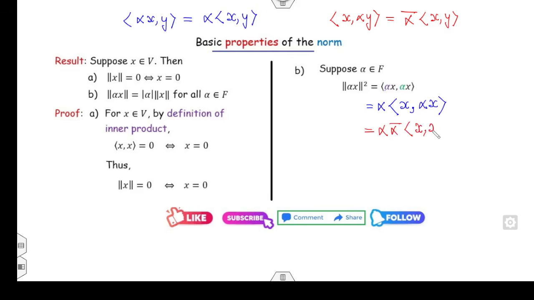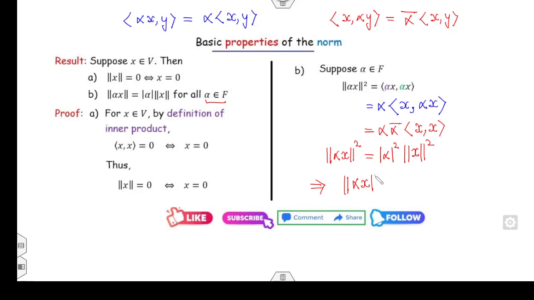That is my x comma x. Because alpha is in F, it can be real or complex. So alpha into alpha bar gives the absolute value of alpha squared. This value will be norm of x square. So the left hand side is norm of alpha x squared, and norm is always a positive value.